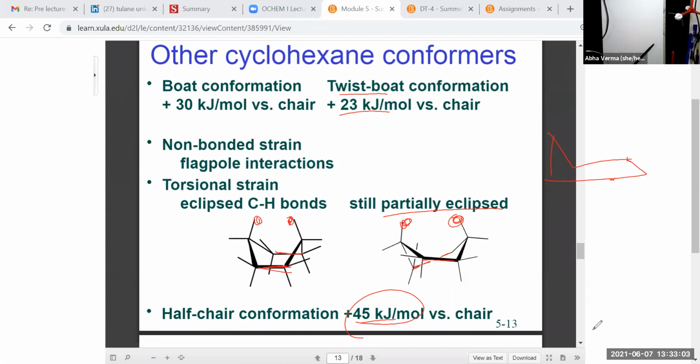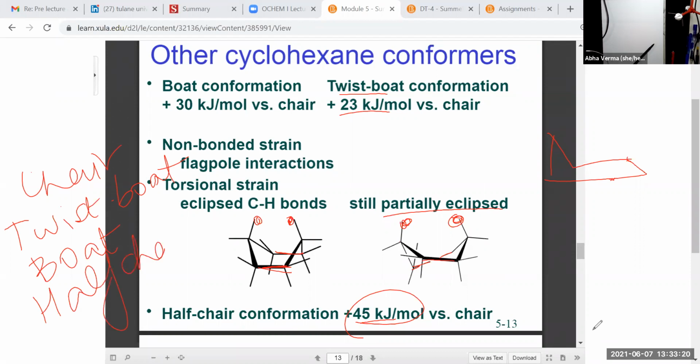So chair is the most stable, then twist boat is the next stable, then boat, and then half chair. Most energetic, least energetic. Most stable, least stable.